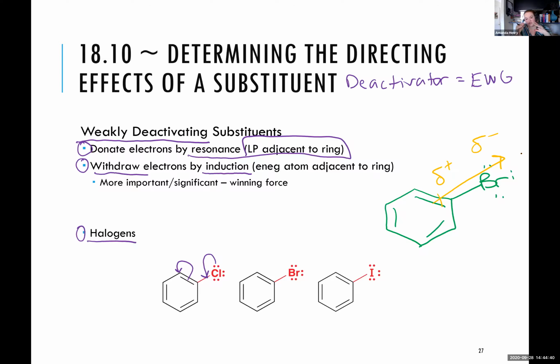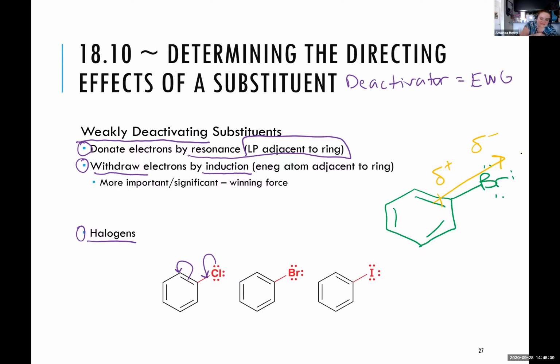The electrons are going towards our electronegative atom, towards that halogen. Electronegativity is its attraction towards electrons, or its ability to attract electrons. And so because of that, it is pulling the electrons away from the ring, or withdrawing them from the ring.